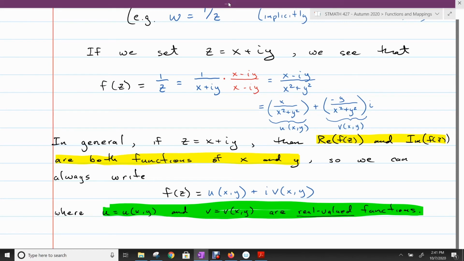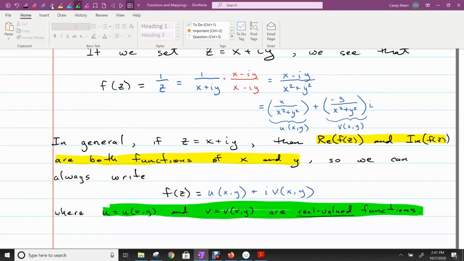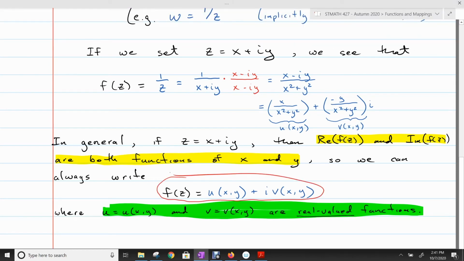This is a convenient way to represent a complex valued function. That's sort of the rectangular form of the function values. We can also put it into exponential form or polar form, and we will do that a little later because sometimes functions are more easily understood or expressed in terms of polar coordinates or exponential form.